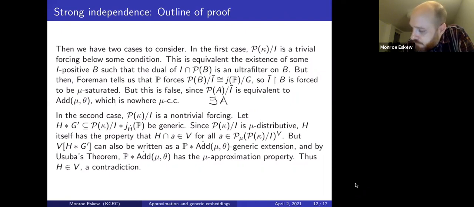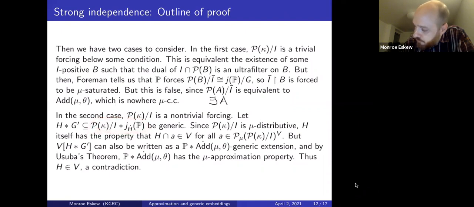Okay. The other possibility is where we actually use the approximation property. So it's a non-trivial forcing. It's mu distributive. Let's take a generic for these two steps, P kappa mod I star J of P. So again, this is the one side of the Fourman duality equation.